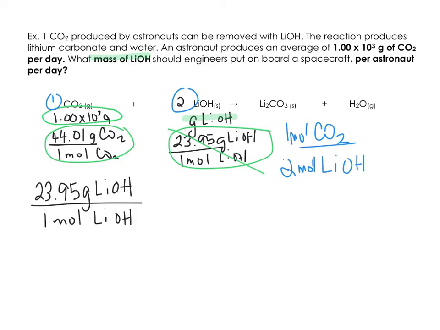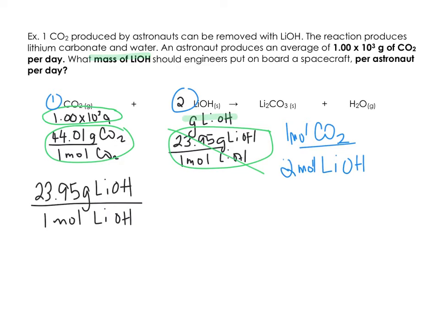Now, this is our mole ratio, but we want moles of lithium hydroxide out of this part here, so below. So we have to flip this so that LiOH is on the top.